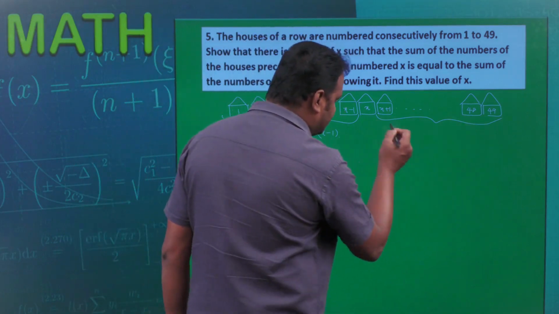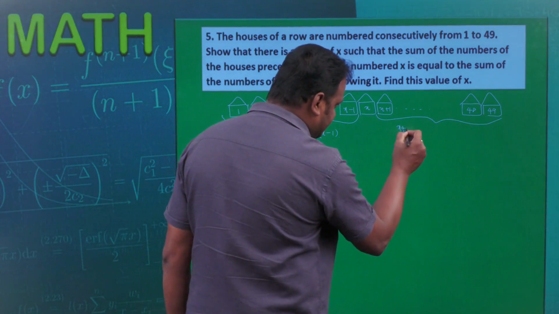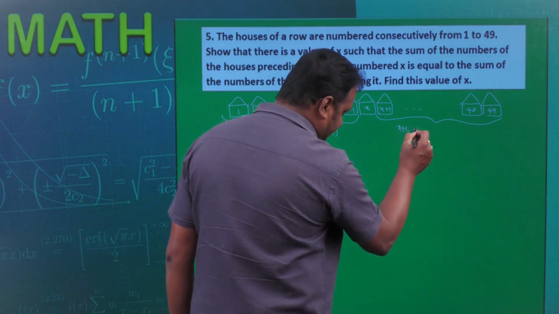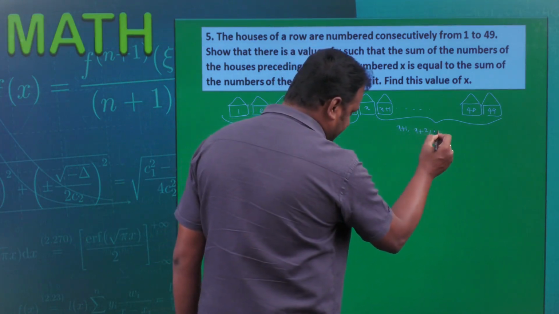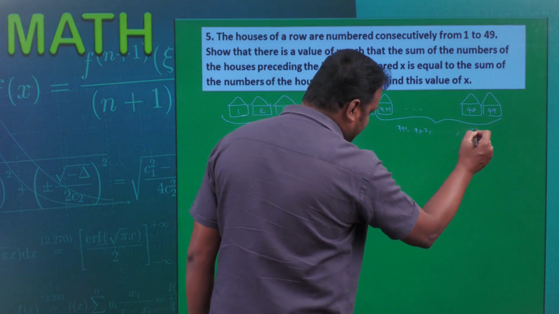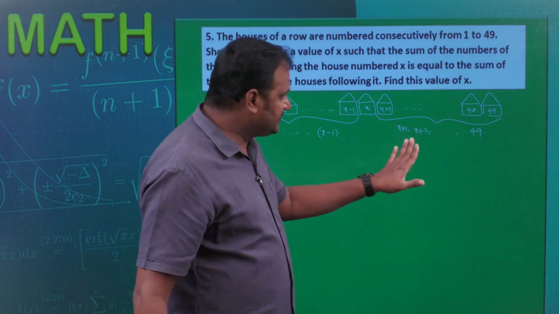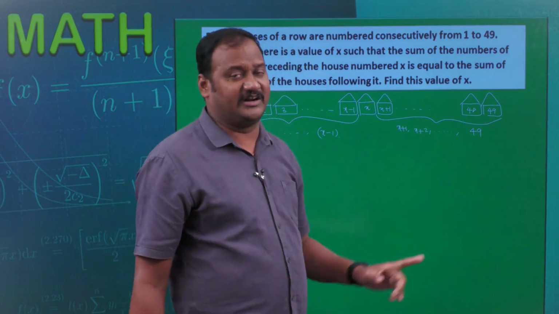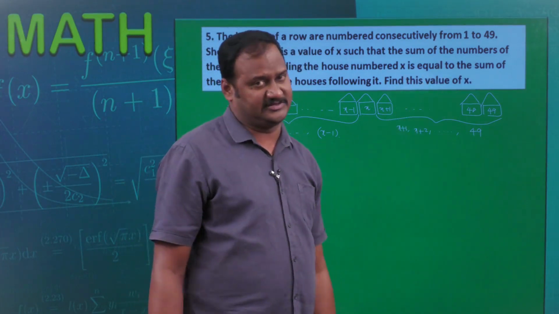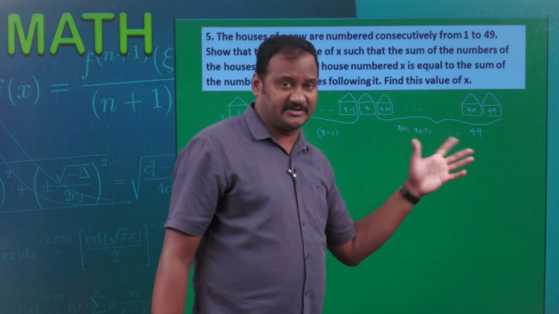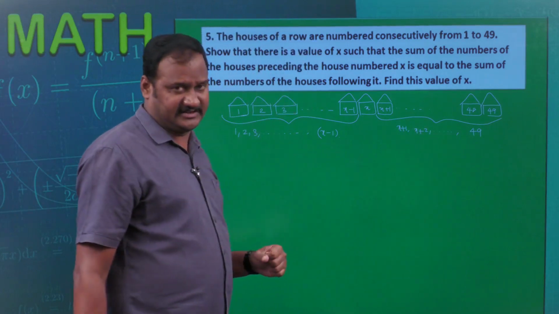Now this arithmetic progression starts with x plus 1. The next term is x plus 2. The next term is x plus 3 and so on. What is the last number? The last number is 49. Is 49 the number of terms of this arithmetic progression? No, 49 is the last term of the arithmetic progression. Let us see how many terms there are in this.